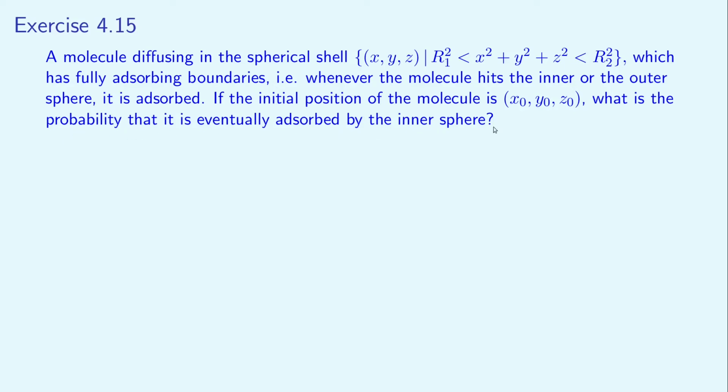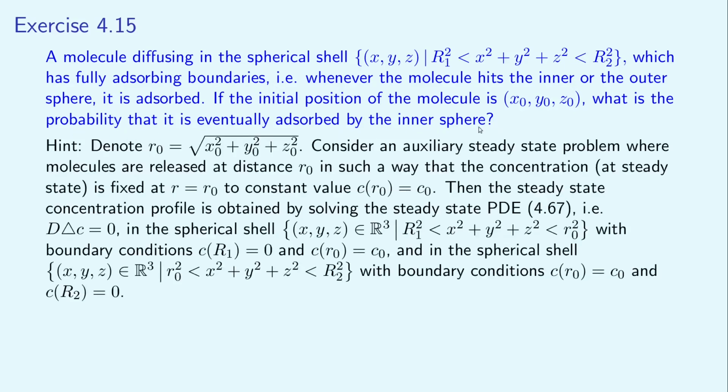To answer such a question, you can consider an auxiliary steady-state problem where molecules are released at distance r0 in such a way that the concentration at steady state is fixed at r equals r0 to constant value c0.